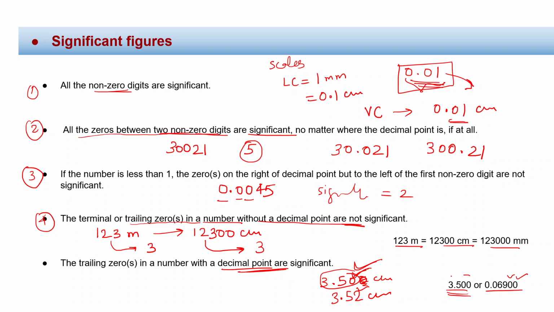So for this the number of significant figures will be 4. Let me write here, the number is 0.06900.